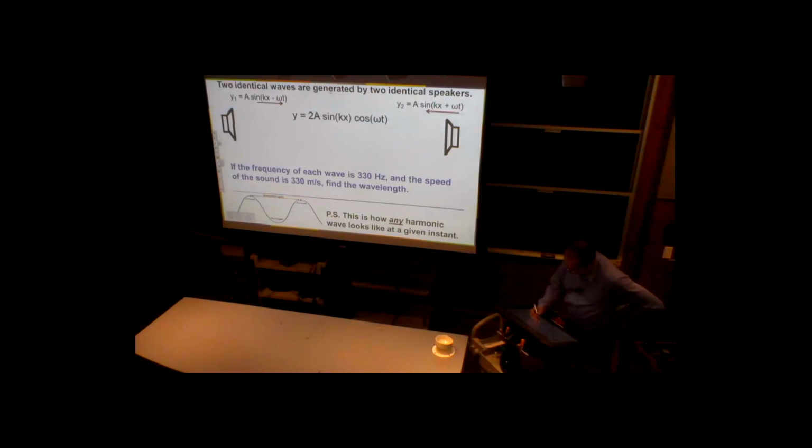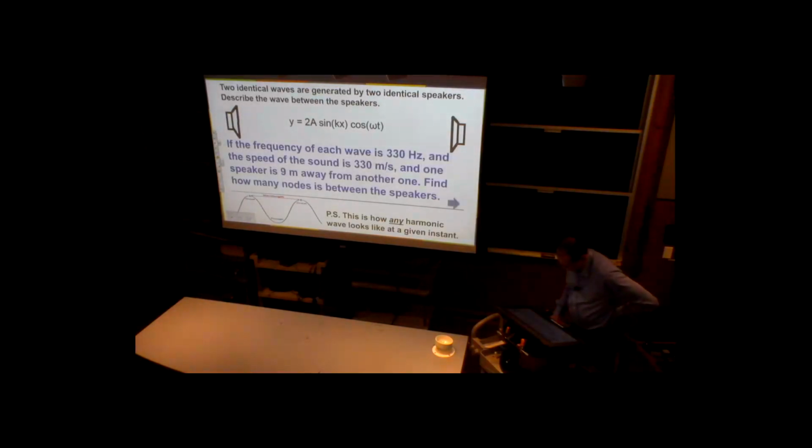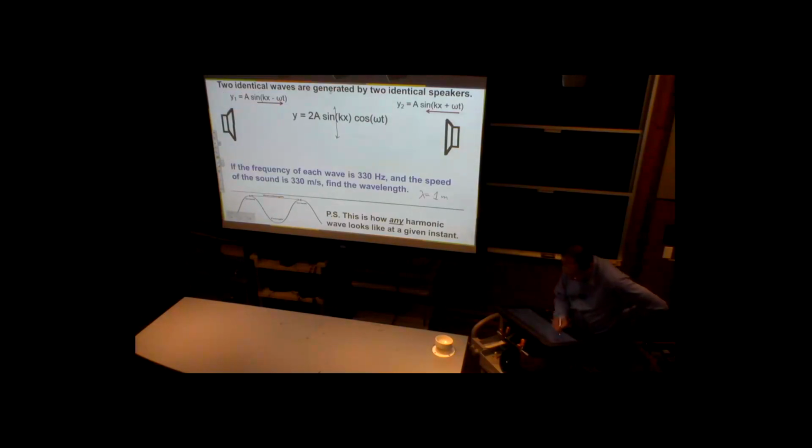And now what can we do? We know right here we should have an antinode. The speakers are 9 meters away from each other. So from here to here, we have a distance of 9 meters.